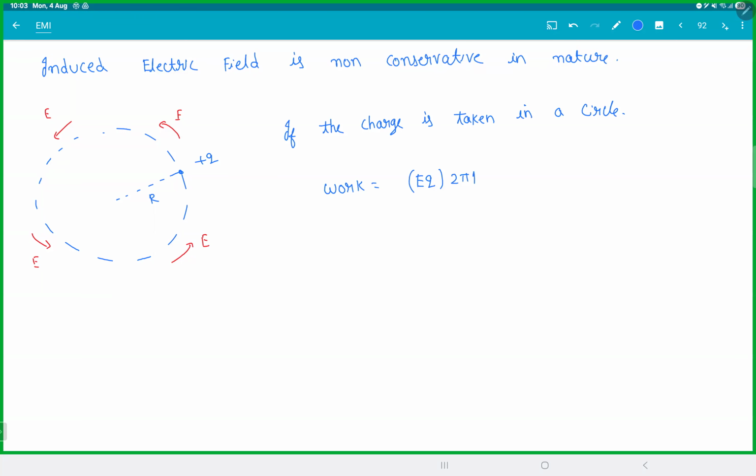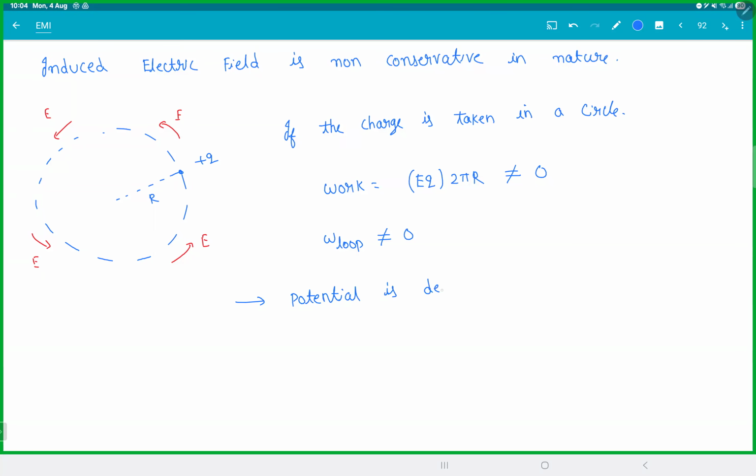This is not zero. That means this force is not conservative. For a conservative force, the work done will be zero in a closed loop. But we know potential is defined only for conservative fields: gravitational force, gravitational potential, electrostatic field, electrostatic potential.